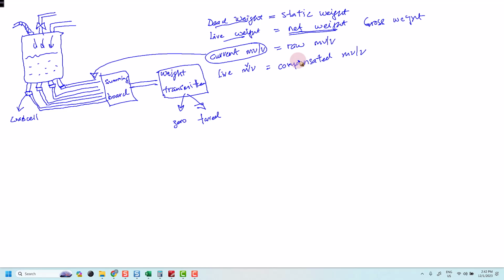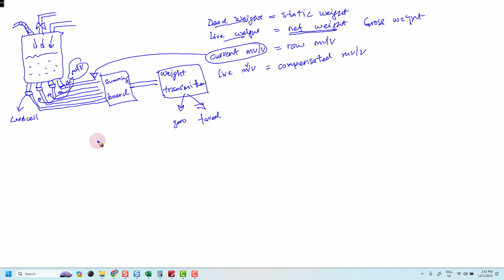Now we need to find the tank weight or the product weight based on the millivolt per volt generated by each load cell. How do we find out?